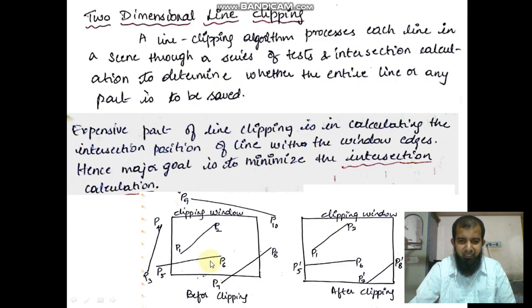In this example, the points are outside, but you need to find some intersection points. You need some formulas to find the intersection points. In this line you need two intersection points, and in this line you need only one intersection point.